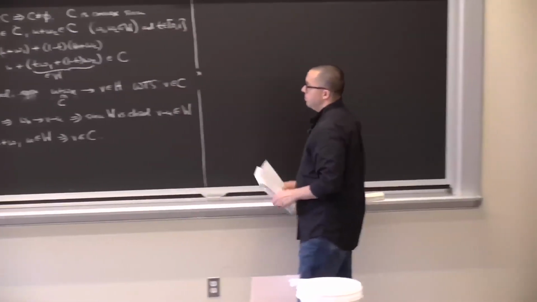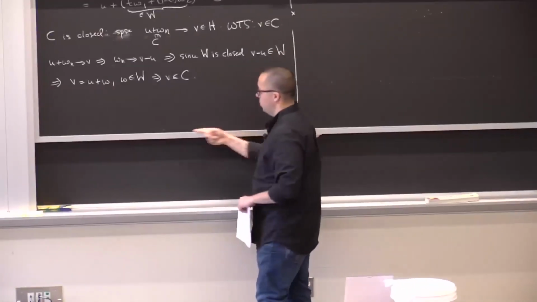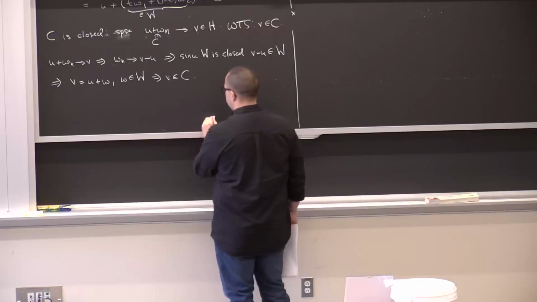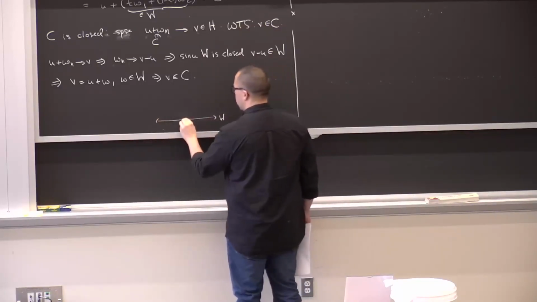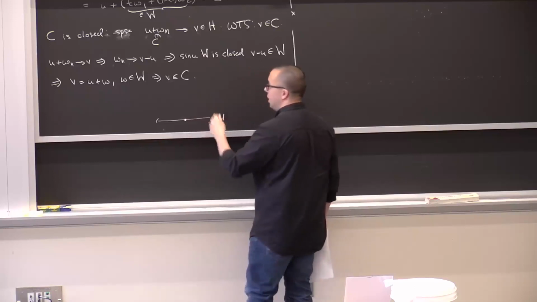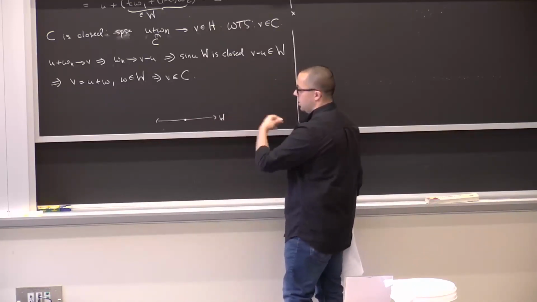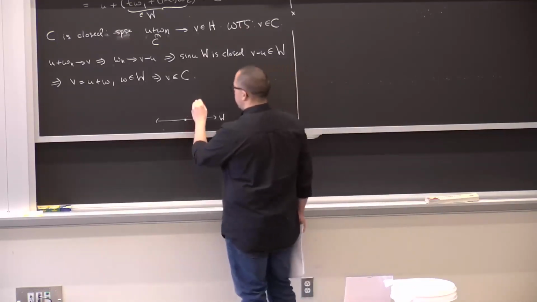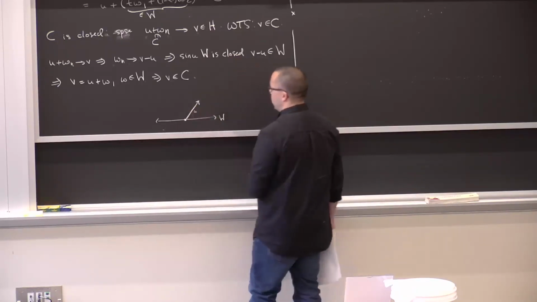All right? So let me draw a picture now of what's going on. Let's imagine that the subspace W is... so imagine H is R2, and W is just the x-axis, and U is this vector here.